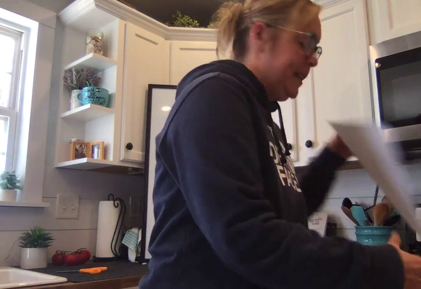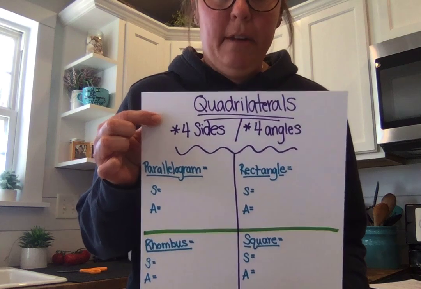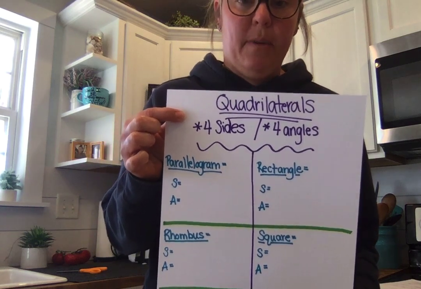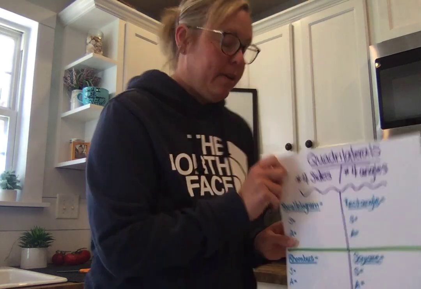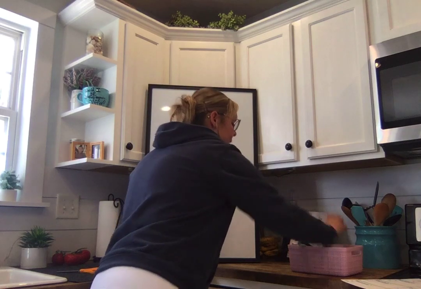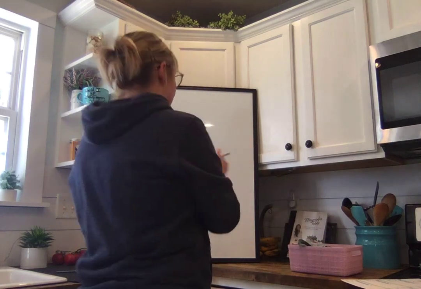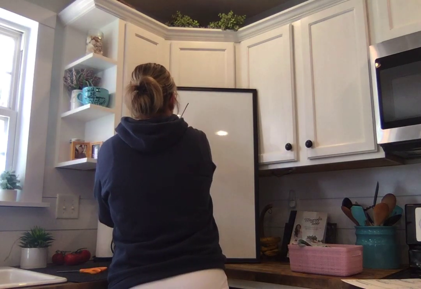Quadrilaterals, as it says right at the top there, are four-sided figures. They have four sides and four angles. That also means that they have four what are known as vertices, or a vertex. So I'm going to draw a quadrilateral on the board.